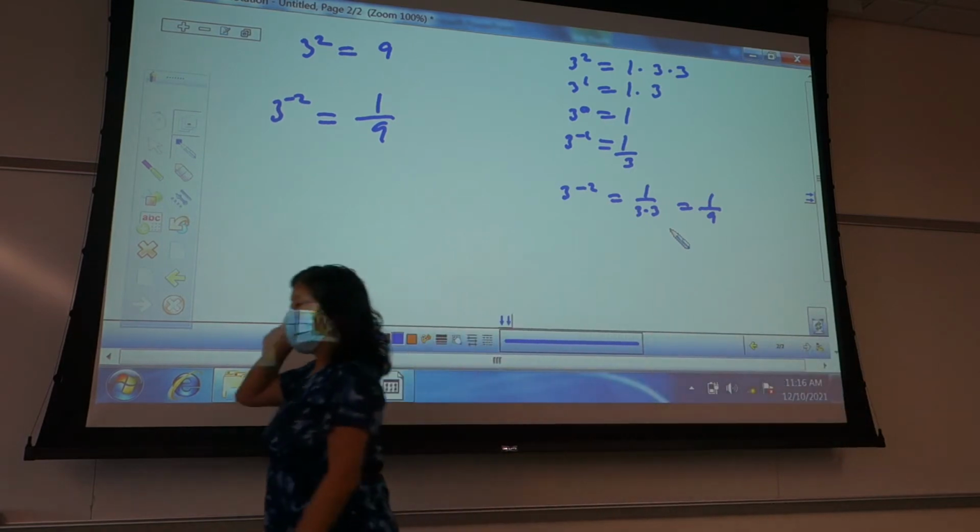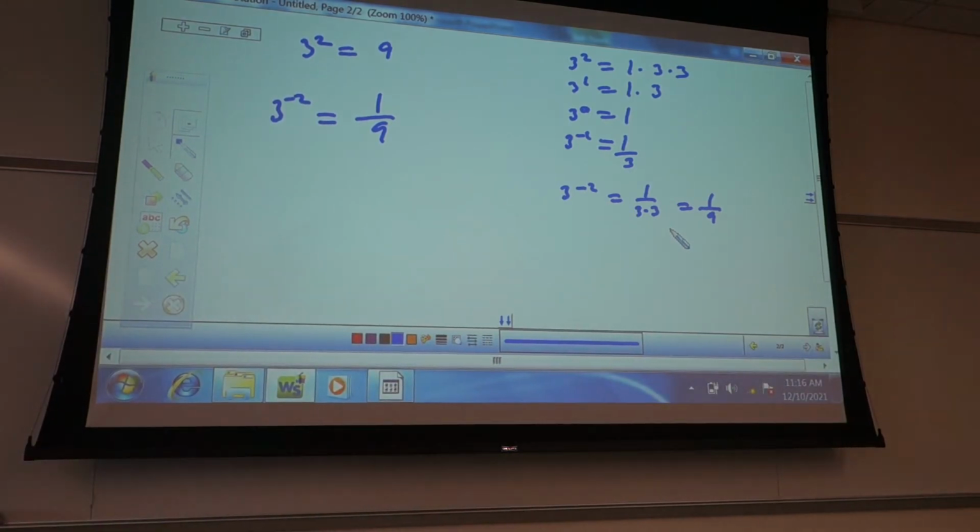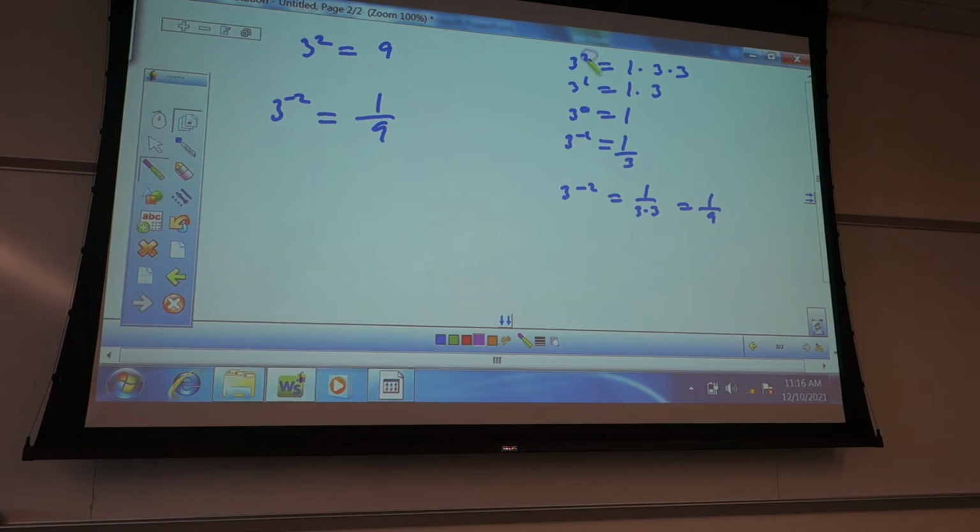This tells you how many 3s you're multiplying by. You multiply by no 3s. And here you undo multiplying by a 3. How do you undo multiplying by 3? Divide by 3. Here you undo multiplying by 2 3s. You divide by 2 3s. And then the next one, negative 3, would be 1 over 3 times 3 times 3. Exactly.